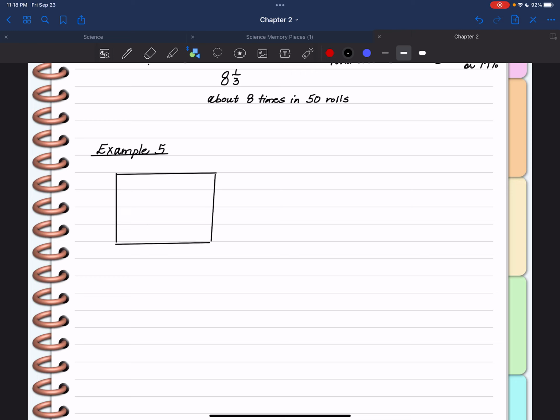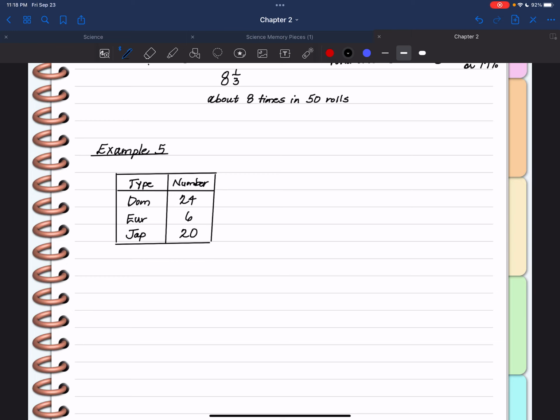We have a table that is called type and number. And we have domestic, European, and Japanese, 24, 6, and 20.